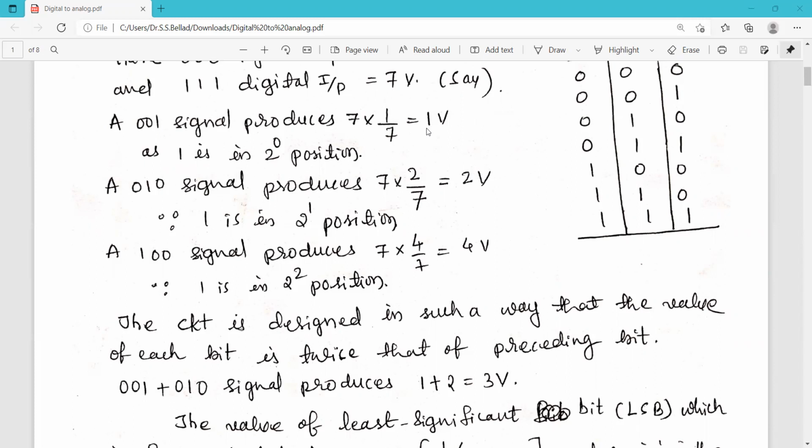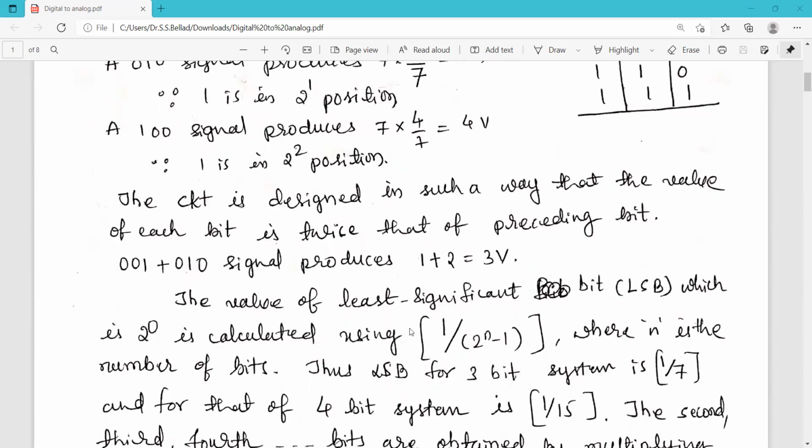And this 2 volt is 2 times the voltage produced by this 001 signal. So the circuit is designed so that the value of each bit is twice that of the preceding one, and so on.